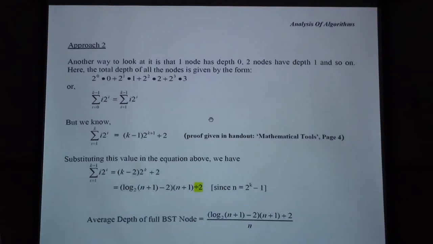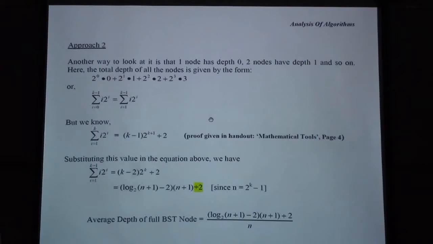If I told you I had a tree of height 30 and it's full, then you know that log base 2 of 2 to the 30th is going to be very close to 30, which means that's the maximum number of comparisons to search a tree. And a full tree of height 30 has how many nodes? 2 to the 30th minus 1.